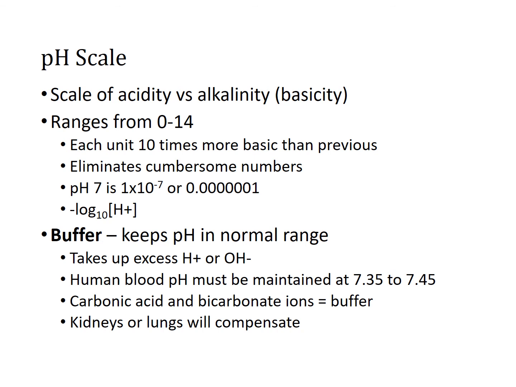So it's a log scale, really, with 0 being the most acidic, 14 being the most basic, and 7 being neutral. We have buffers in our body to maintain pH in a normal range. It's required because human blood has to be maintained in a very small, slightly basic level.